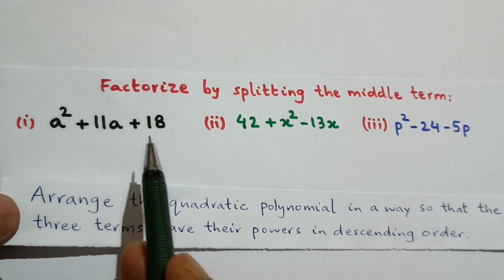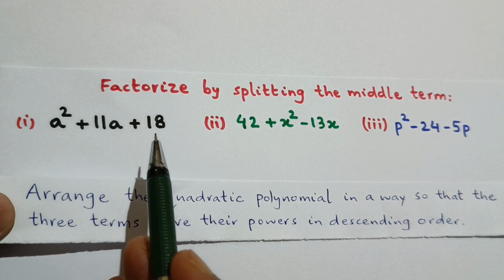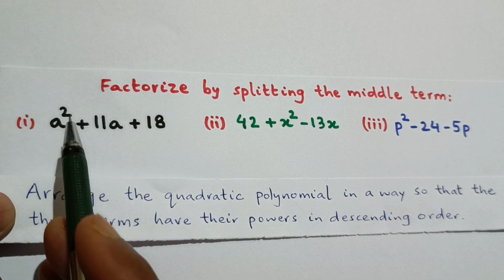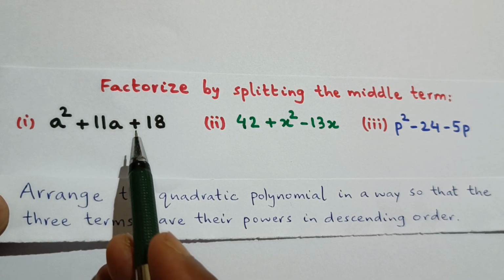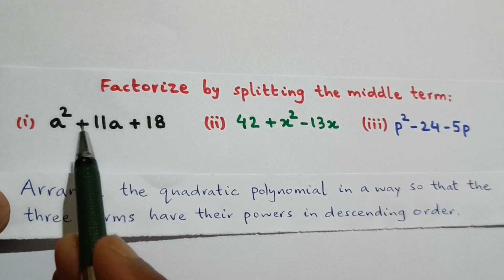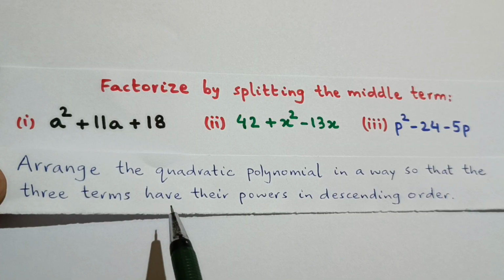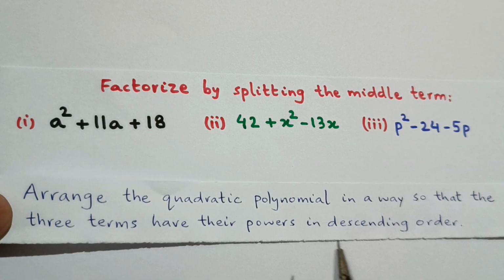Now, this is the quadratic polynomial in A, and it is having 3 terms. A square is the first term, plus 11a is the second term, and plus 18 is the third term. We have to check whether the 3 terms are arranged in such a way so that their powers are in descending order or not.